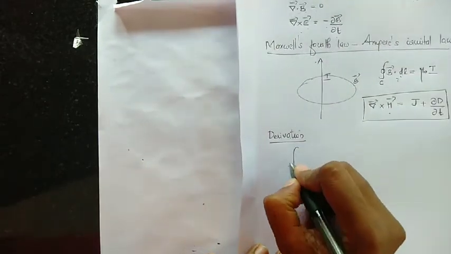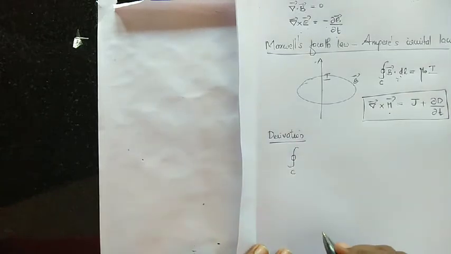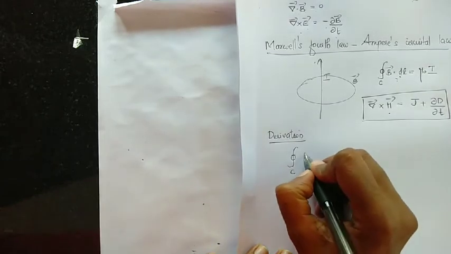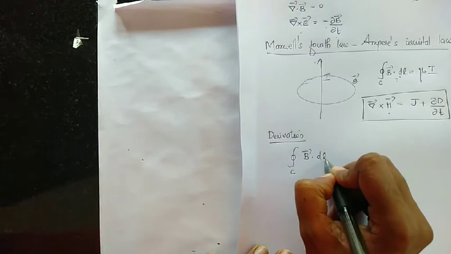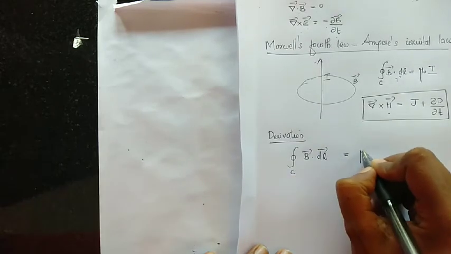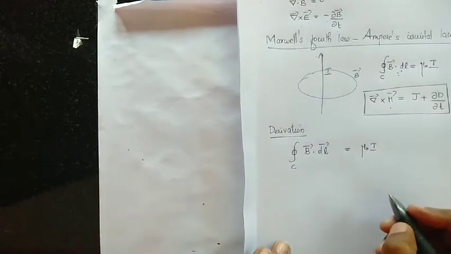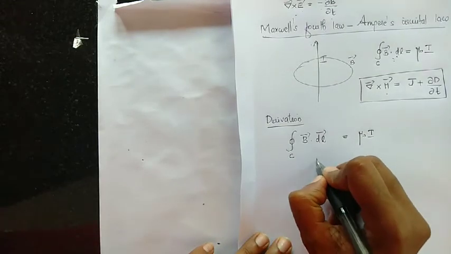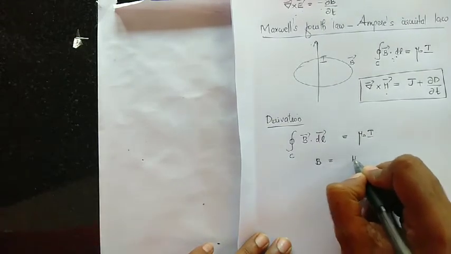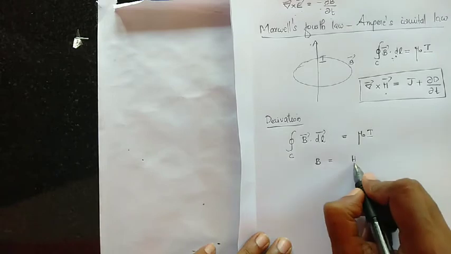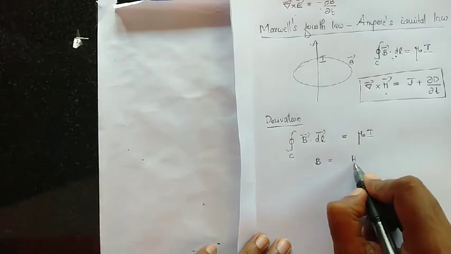Ampere stated that the closed line integral of B dot dl will be equal to mu 0 into I. But we know that B and H are related by an equation. H is the magnetizing field, the strength of the magnetizing field or magnetic intensity.